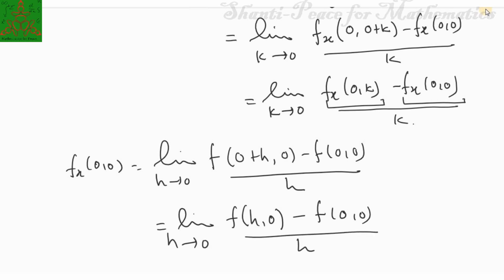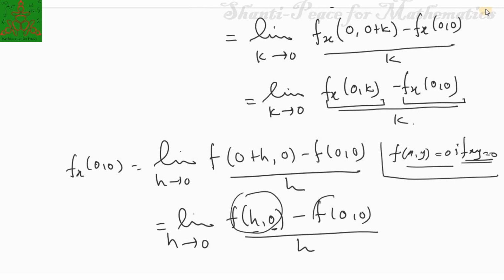As per our function, f(x, y) is 0 if x into y is 0. That means if either of the numbers x or y is 0, the function is 0. So here (h, 0) is there. Since the y coordinate is 0, this quantity is 0 and this quantity is also 0. So it is limit h tends to 0 of 0 upon h, and that gives you 0.